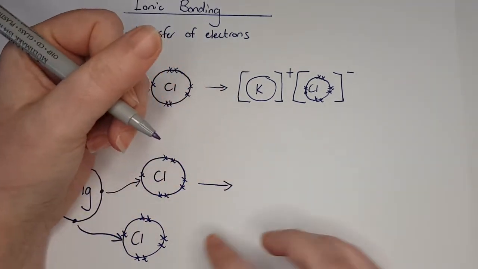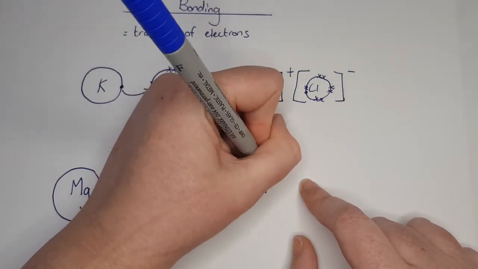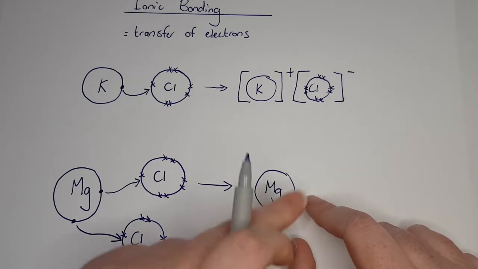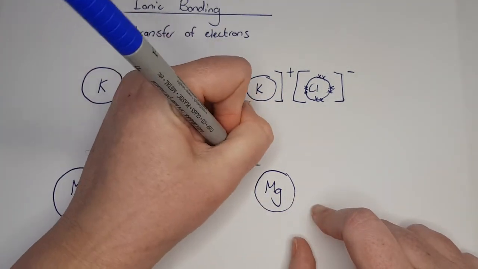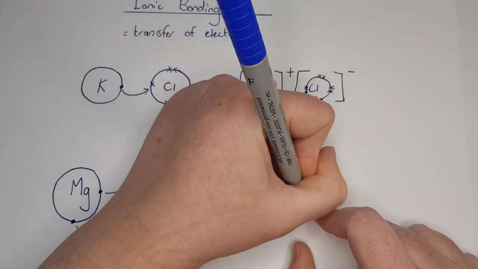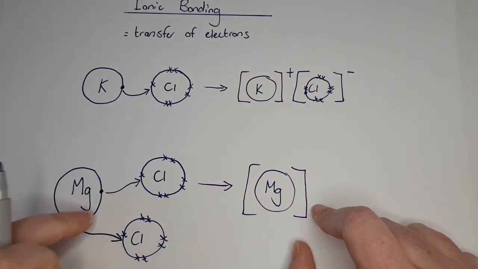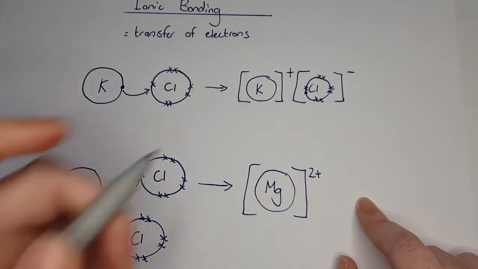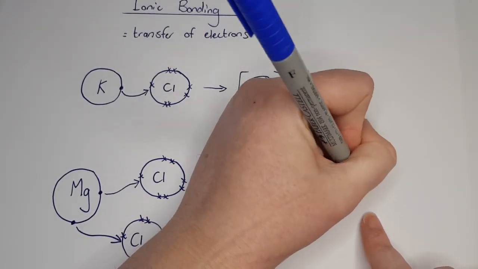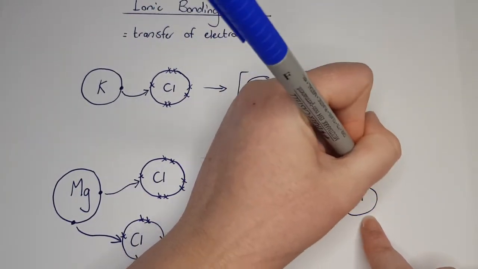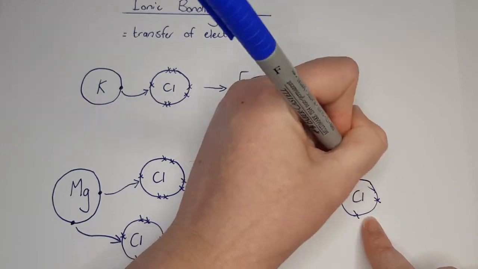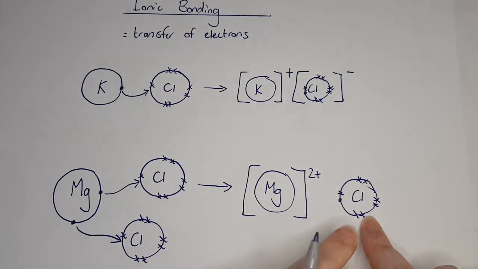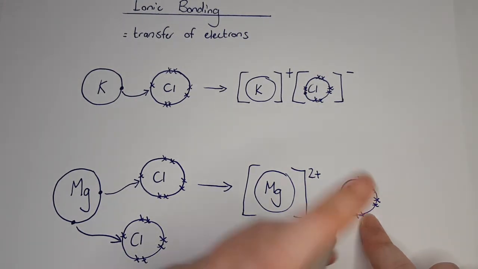So when we draw our ionic bond, the magnesium still has lost both electrons, so it still has an empty outer shell. But now in its square brackets, because it's lost 2, its charge is now 2 plus. And the chlorine, which has its 7 electrons, has still only gained 1 each.